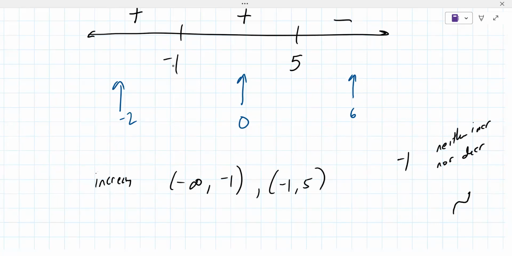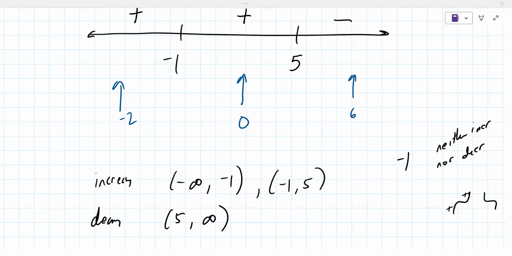It could be going the other way, but because it's plus to plus, we know it's this one on the left here. It's not a great place to be, but that's what it is. And then you'd say decreasing from 5 to infinity. Perfect. Okay, that makes sense.